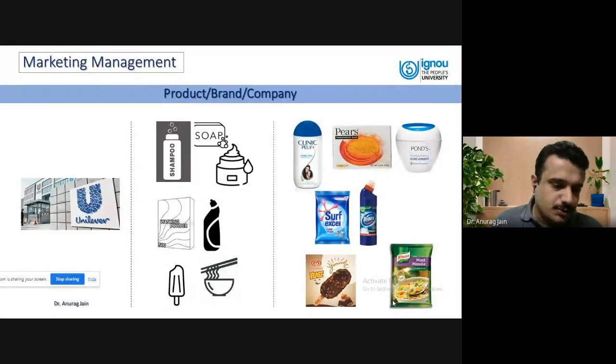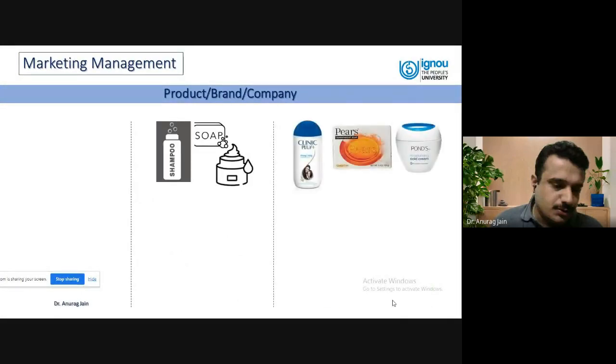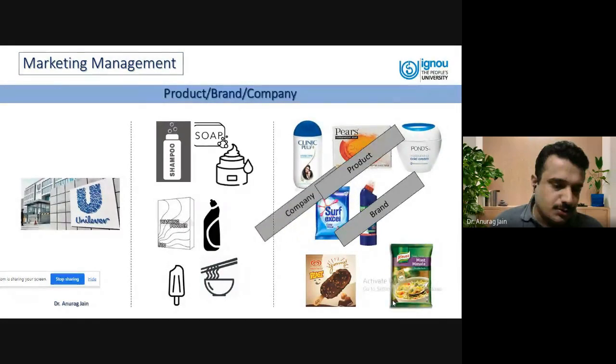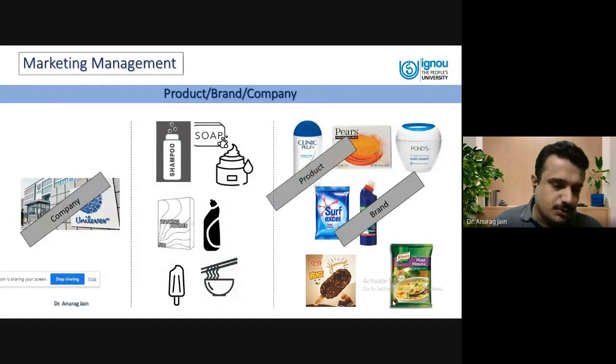You're right, actually. If I talk about Unilever here, Unilever is a company. The second category is what you can call a product. Shampoo is a product. Soap is a product, right? Noodles is a product. Ice cream is a product. But what are the brands? You can see the names of some of the brands offered by Unilever. Knorr is a brand for noodles.